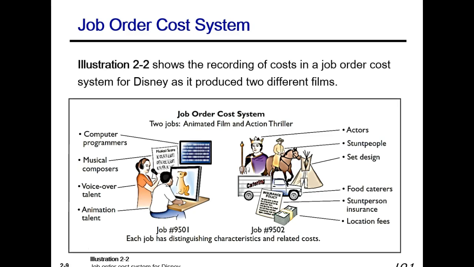So it wouldn't be fair to lump them together and split them, because as you see over here in Job 9502, they have actors, stunt people, set design, food caterers, stunt insurance, location fees. Totally unique from Job 9501, which mainly has music. It's more of an animation and a music component. So the costs are so unique that we want to be specific and assign the cost to that particular job.